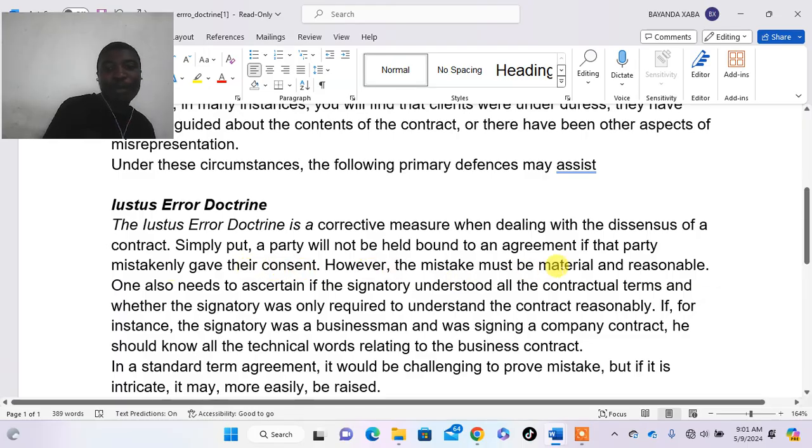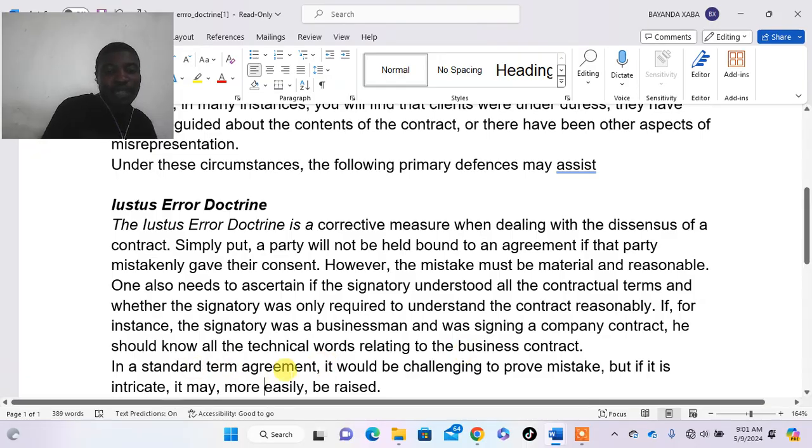However, the mistake must be material and reasonable. One also needs to ascertain if the signatory understood all the contractual terms and whether the signatory was only required to understand the contract reasonably. If, for instance, the signatory was a businessman signing a company contract, he should know all the technical words relating to the business contract.